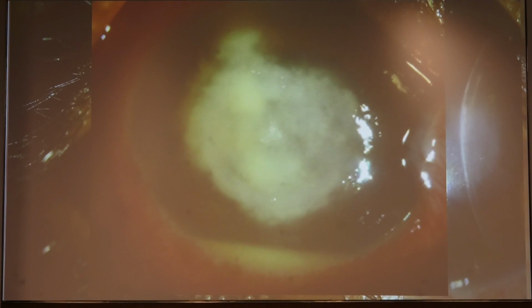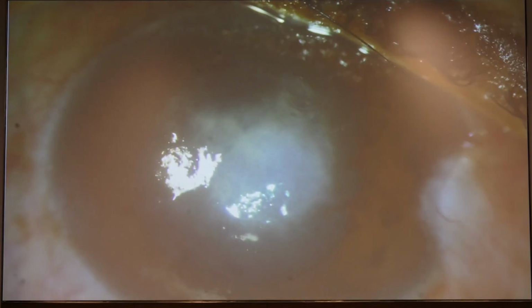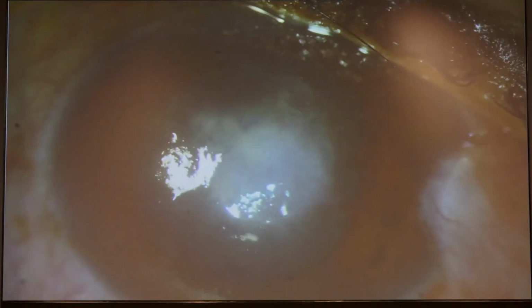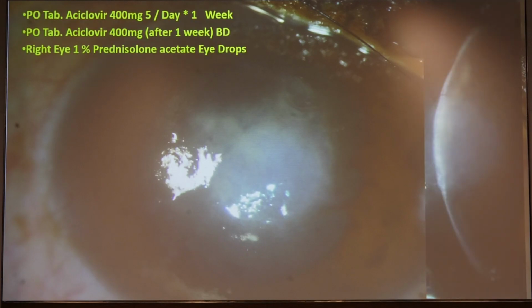When you see carpet-like KPs as in endotheliitis, think about viral etiology, as compared to this bunch of exudates along with KPs on Descemet's. Can it be a fungus? Rule it out and keep the patient under very close follow-up.